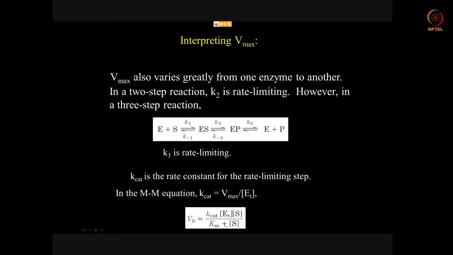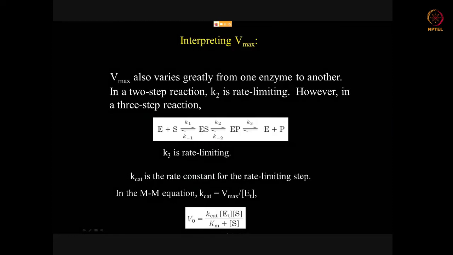then if you look at different situations, suppose initially where S is really low, then V0 equals Kcat by Km, this ratio, times Et times S. So now the substrate concentration will be linearly related to V0.